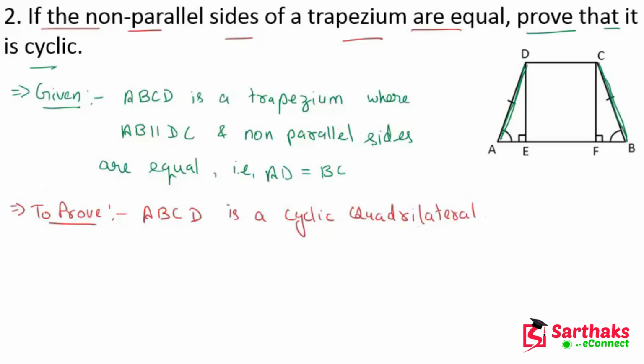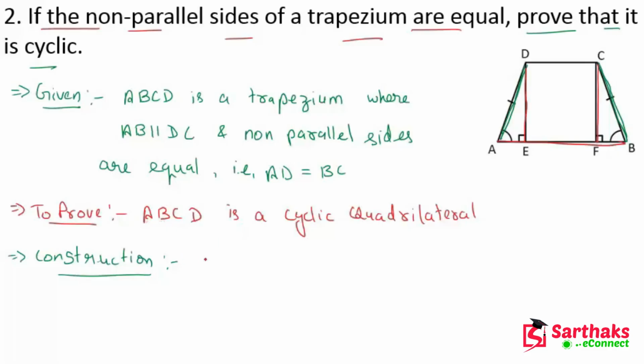So now first of all we have to do a construction. So what is the construction? Let's see. You can see in this, we have to draw DE, which is perpendicular to AB, and CF, which is also perpendicular to AB.